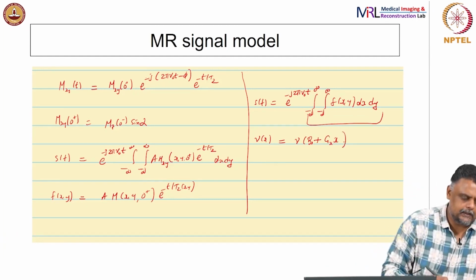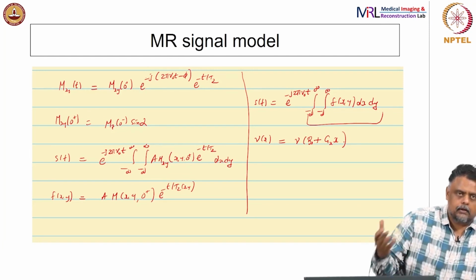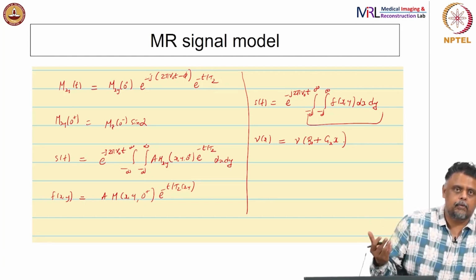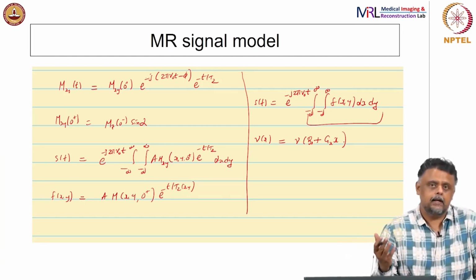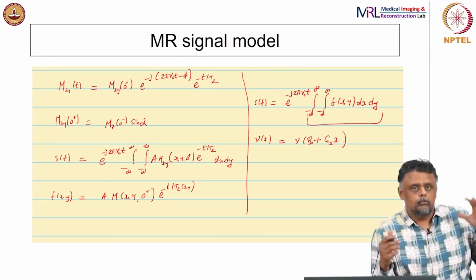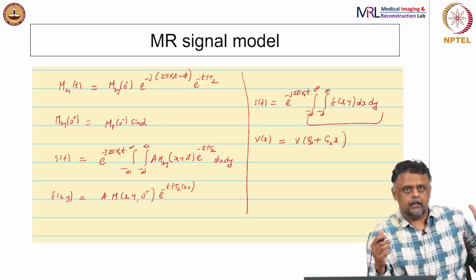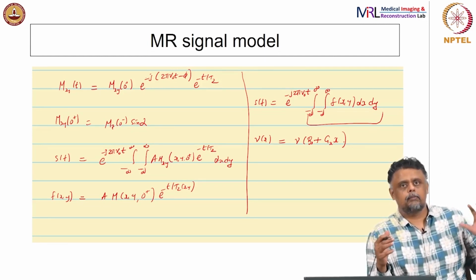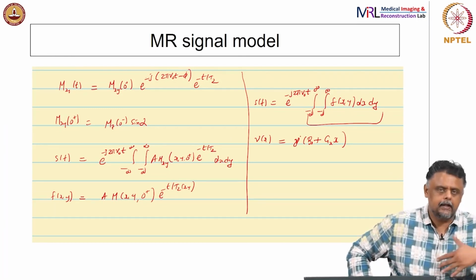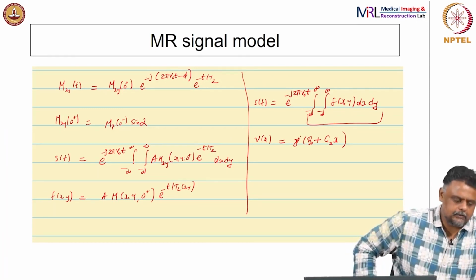So, this is how mu x changes. Of course, you can compare it with the slice selection gradient, where we applied Gz, changing it appropriately. Once we remove that Gz, everything reverts back to gamma B0. Then if you apply the x gradient again, it is gamma B0 plus Gx into x.